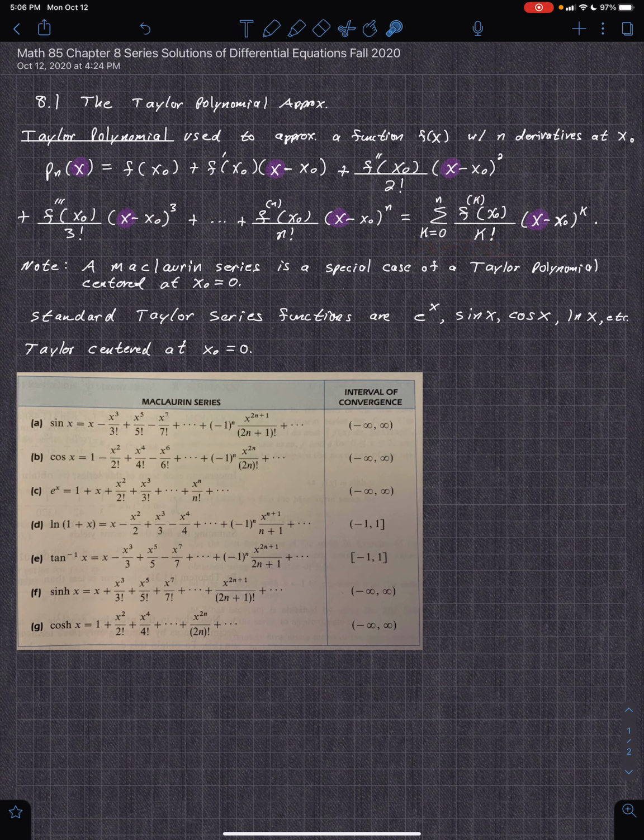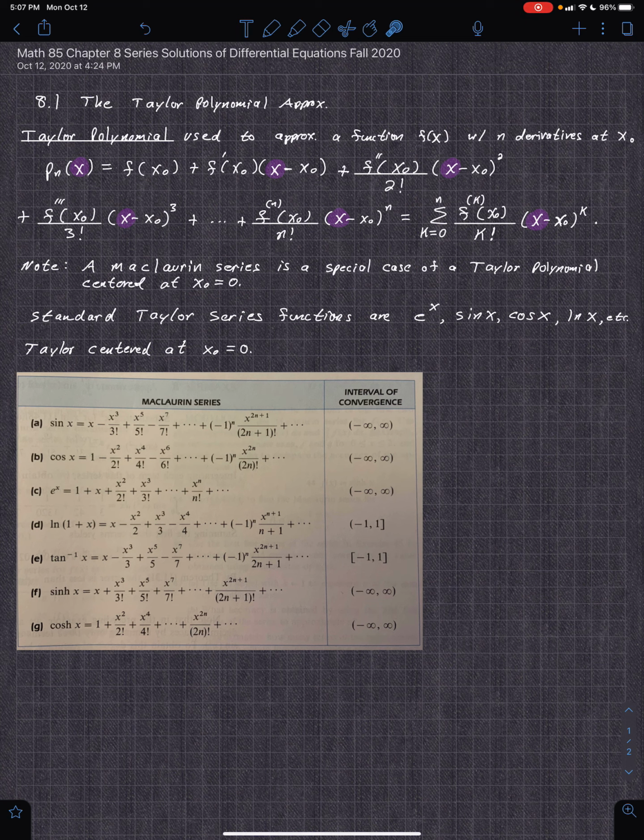So here are some examples down here. We probably don't look so much at tan and hyperbolic sine or cosine, but this was from a different book, just to give you the idea. It gives you the intervals of convergence on the side. You may recall a Maclaurin series is basically the simplified version of Taylor, centered at 0.